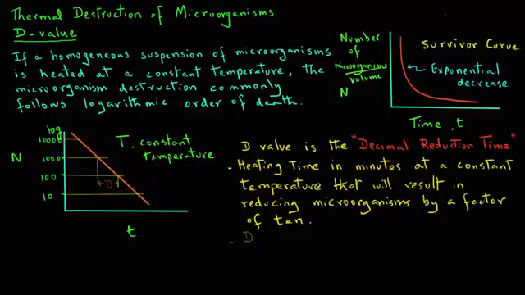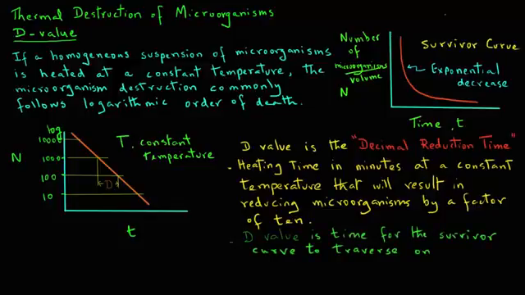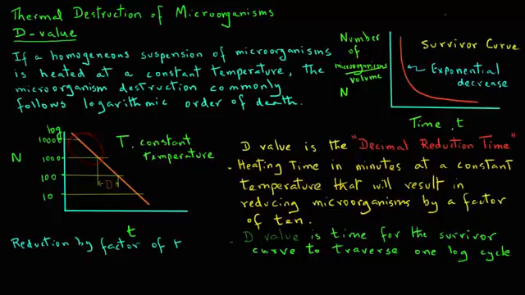We can also say that D-value is the time for the survivor curve to traverse one log cycle. So D-value remains the same for each of the log cycles on this curve. So the reduction is by a factor of 10, as we observed before, from 1,000 to 100.